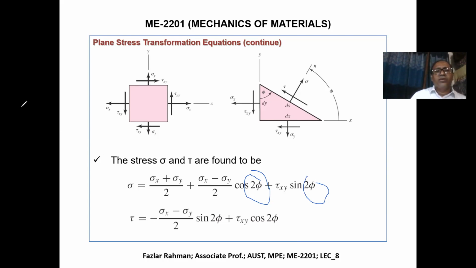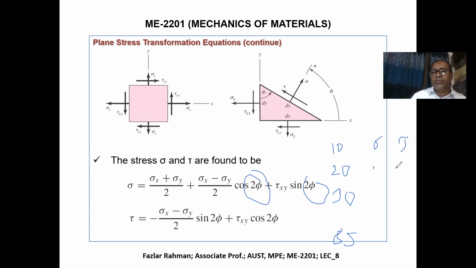So for which value of tau and sigma will the material change? If you cut this angle phi equal to 10 degrees, then 20 degrees, then 30 or 35, 40, and let's say last we go to 85 degrees, then each time you'll get one value of sigma and tau.